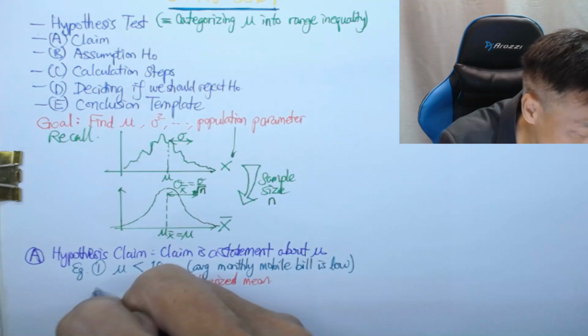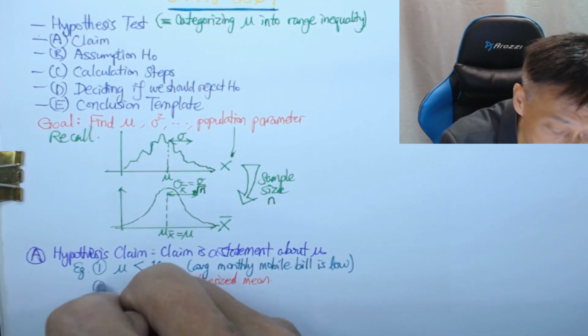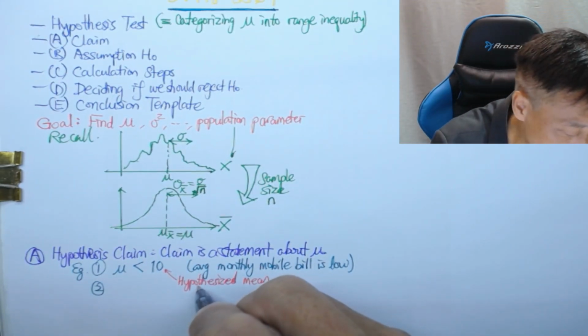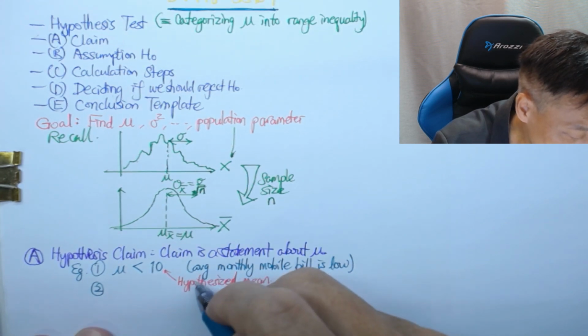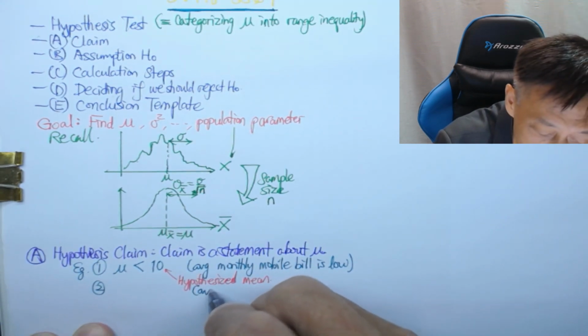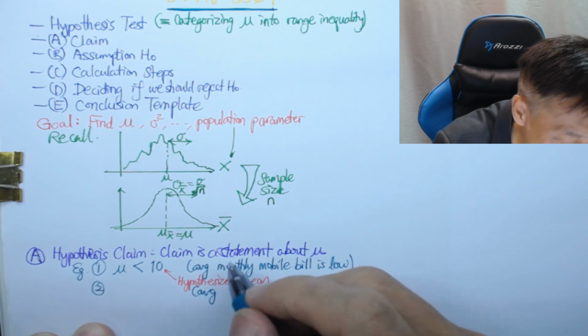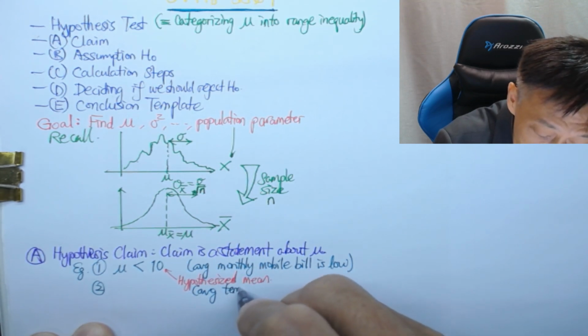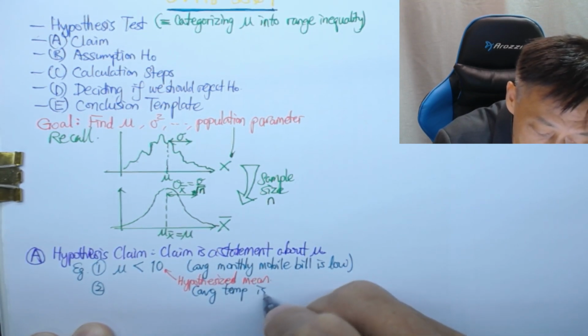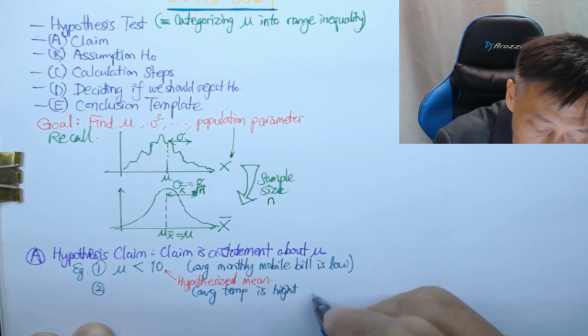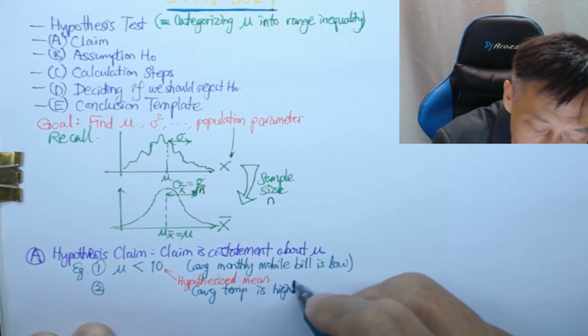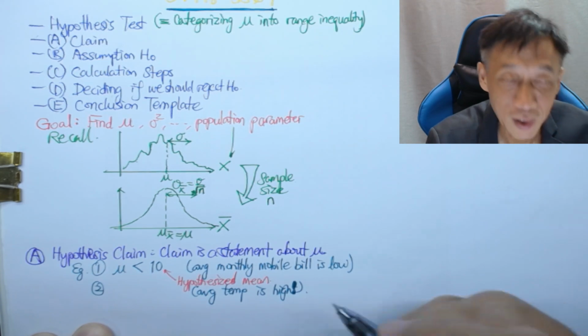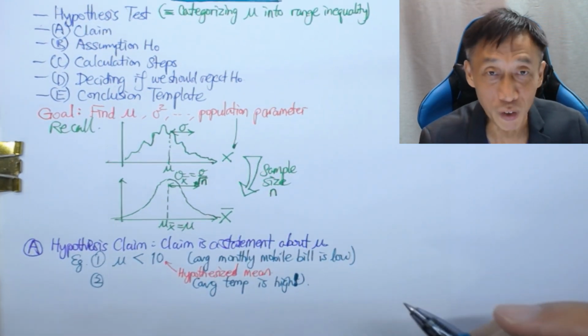Okay, another example, we might hear statements like, the average temperature is high. Or the weather has been hot. Statements like that, very, very vague.